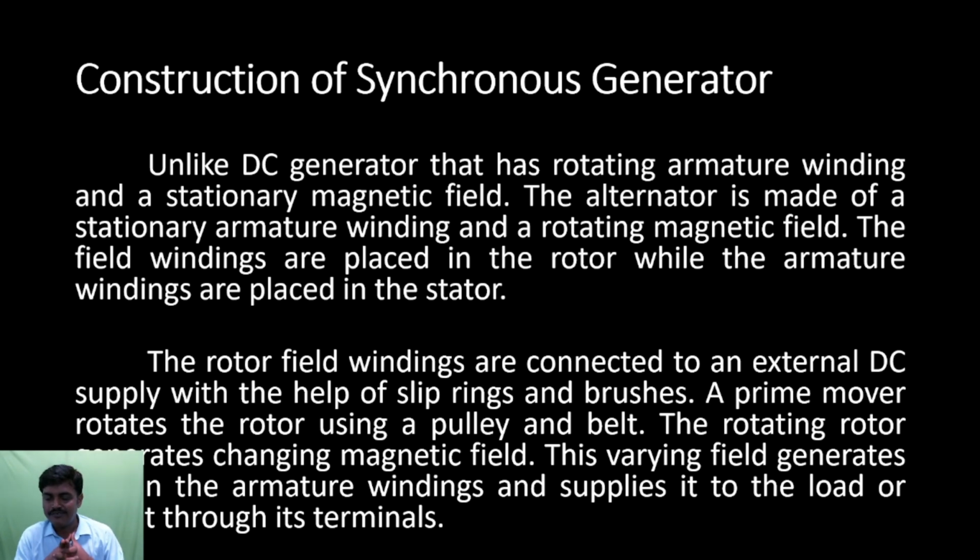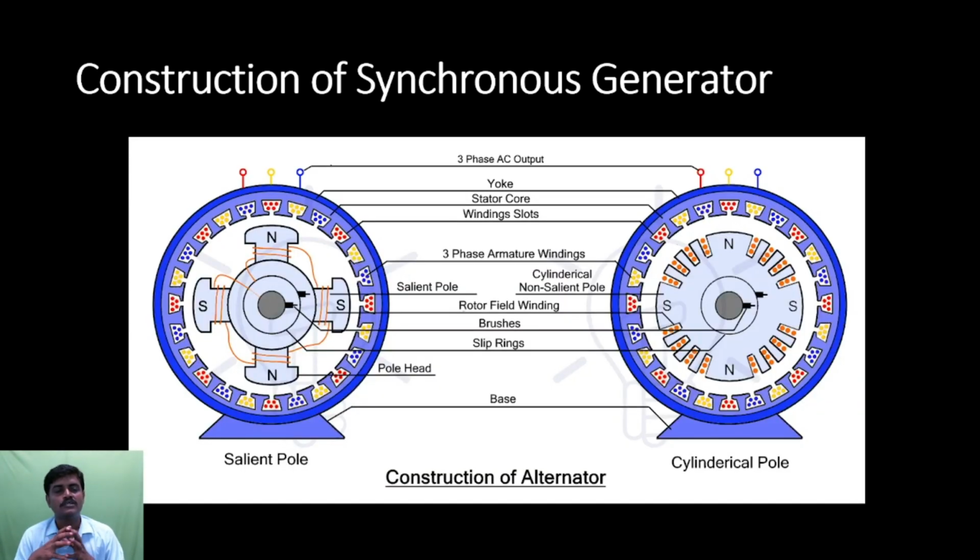So this varying field generates an EMF in the armature winding and supplies the load or circuit through its terminal. Where do we connect the terminal of the alternator? This is the actual constructional diagram for the synchronous generator.